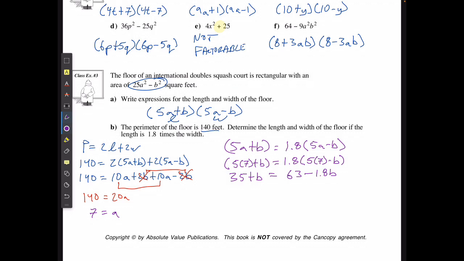I'm going to move the b's to the one side, so I'm going to add 1.8b to both sides. And I'm going to subtract 35 from each side, so that I have all the b's on one side, I have all the constants on the other. 2.8b is equal to 63 minus 35, which is 28, then when I divide both sides by 2.8, b is equal to 10.